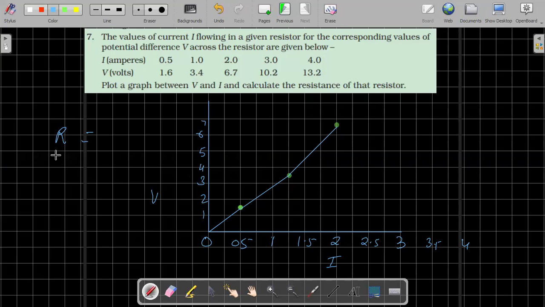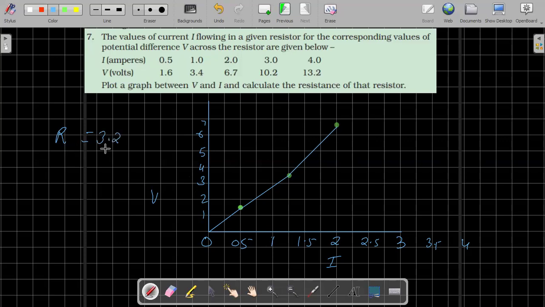See, you can take any value for it. For example, even if you take the last value, that is 13.2 divided by 4, you're getting 3.3. So your answers which are acceptable here, you can use any of these values. So your answer for R, you'll get as 3.2 or 3.3.